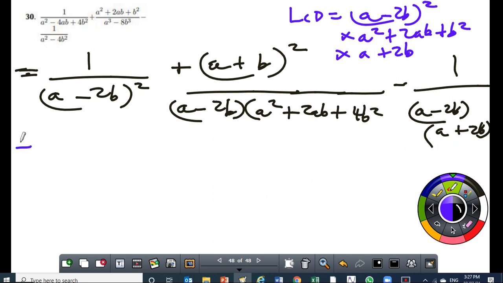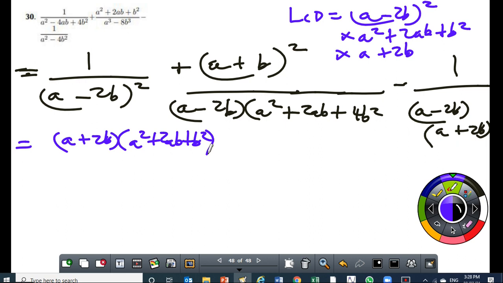So, my next step will be to write a plus 2b times the a squared plus 2ab plus b squared. Like that. We are adding and subtracting those two fractions. We are not multiplying. So we have to determine the LCD. Then, I'm done with the first part.